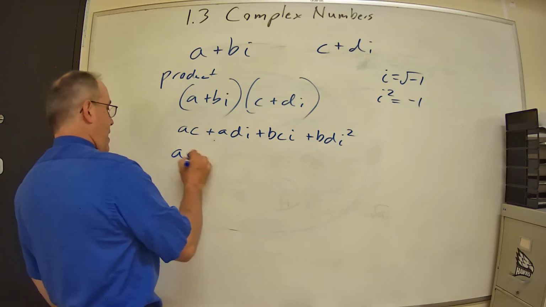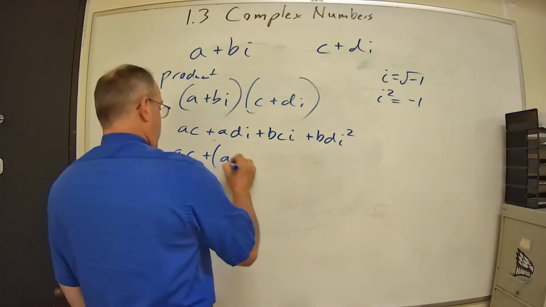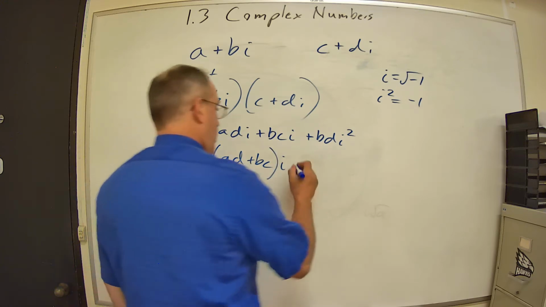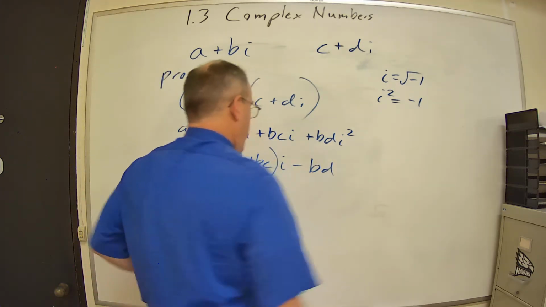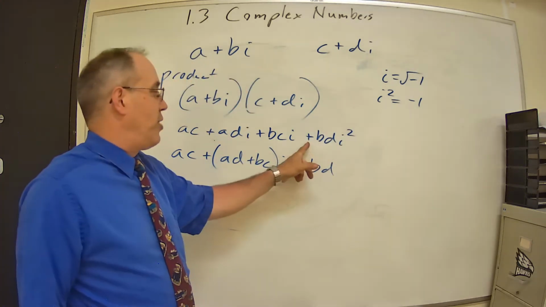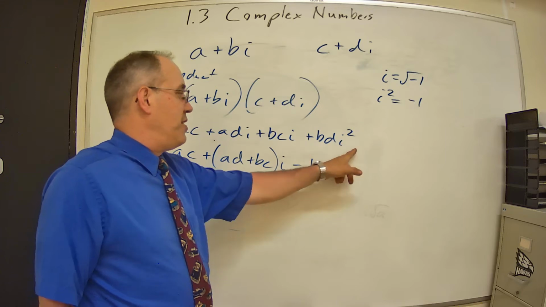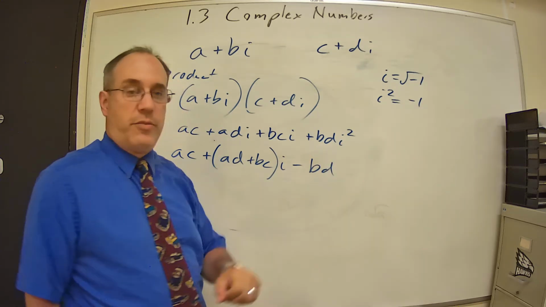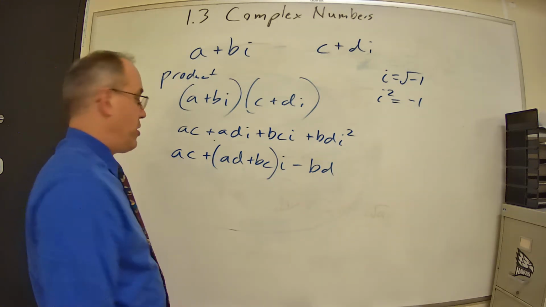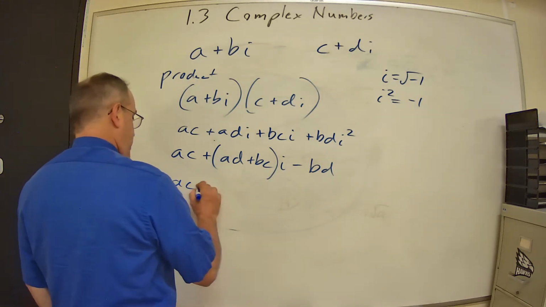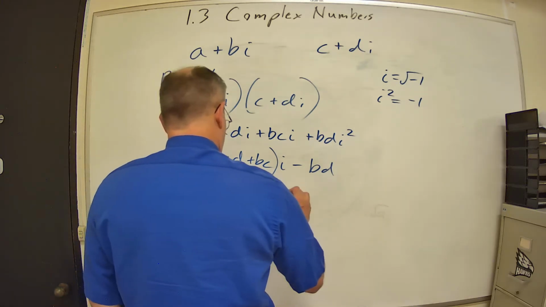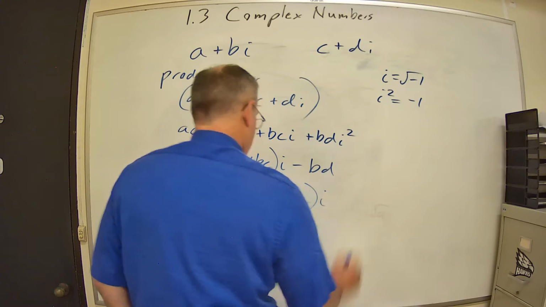So I can say ac plus ad plus bc i minus bd. Where'd that minus come from? i squared is equal to -1. So I have plus -1 times bd, or minus bd. So the last part is just to combine the real parts together, and we end up with ac minus bd plus ad plus bc i.